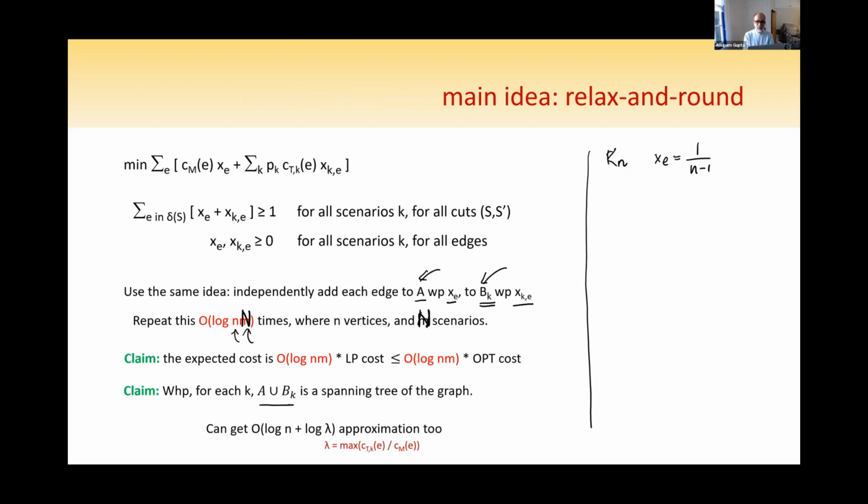So once you have the solution, you should throw away all cycles from A. And then you should augment each BK and make sure that you never add a cycle. So you can be greedy, you can reduce the size of the sets. That will only improve your cost. Perfect.